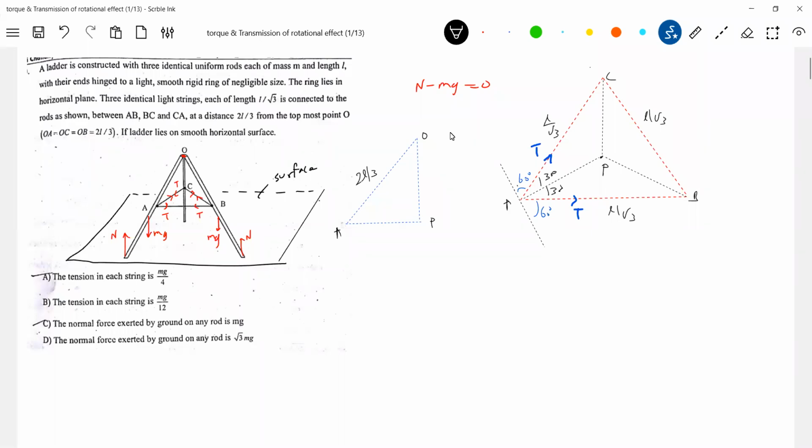L by 3. Okay, fine. So we can calculate the distance OP also, which we are going to use in the problem.